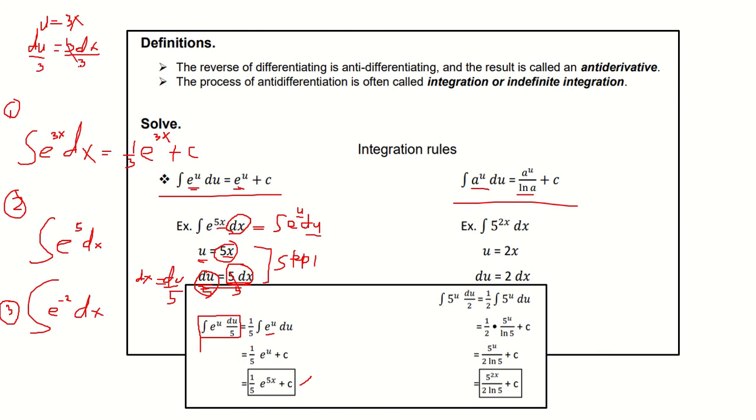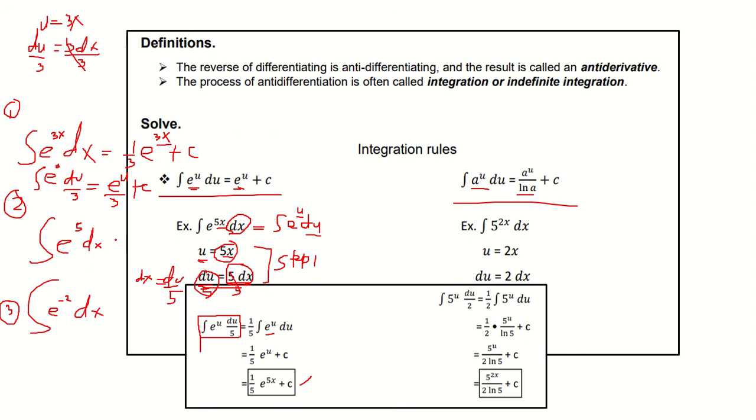So, dx is equals to du over 3. So, this is du over 3. Okay. So, that becomes 1/3. Ang integral ng e^u natin ay e^u pa rin. So, that is e^u over 3 plus c. So, ang u natin ay 3x. So, that is e to the 3x.